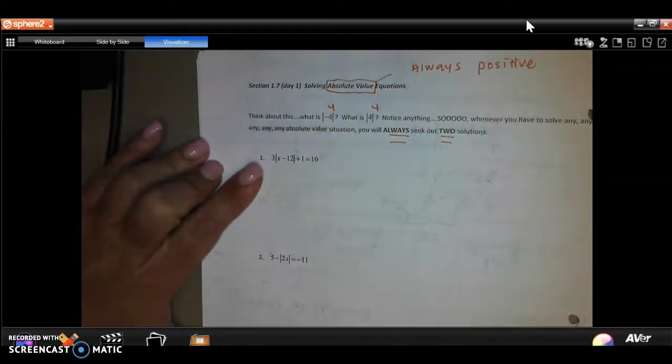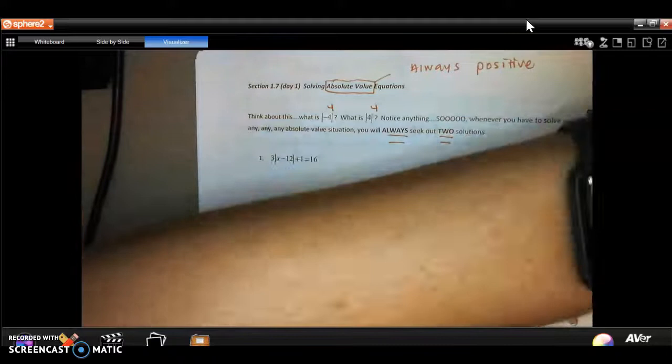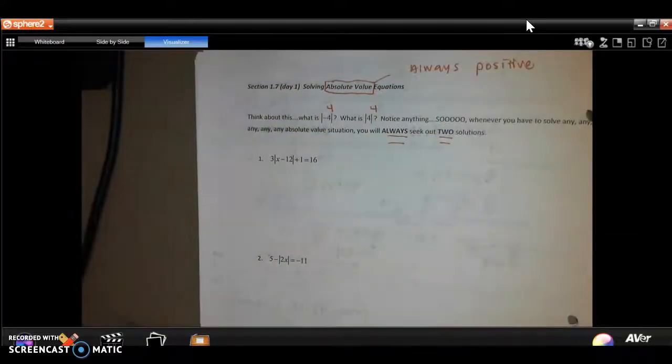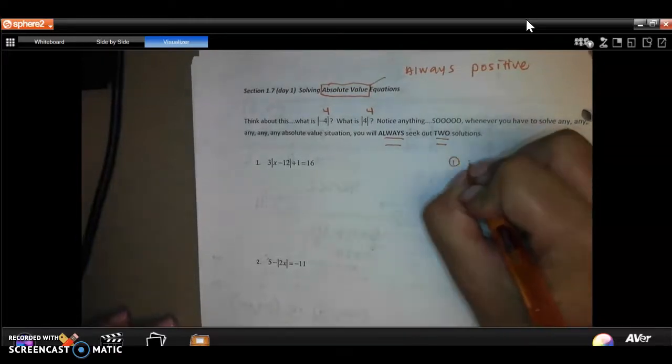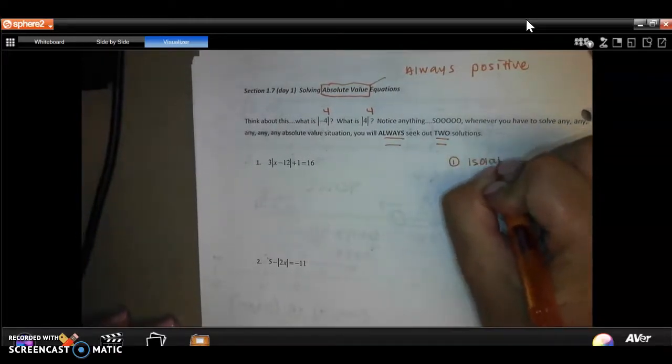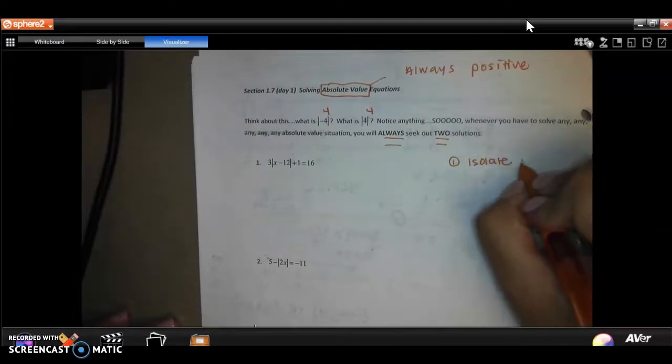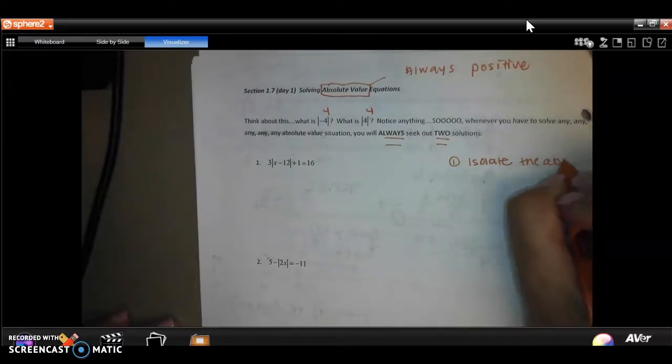So when we walk through this, there's a few things I want you guys to keep in mind. The first thing I would like for you guys to write down today is that our first step is to always isolate the absolute value.